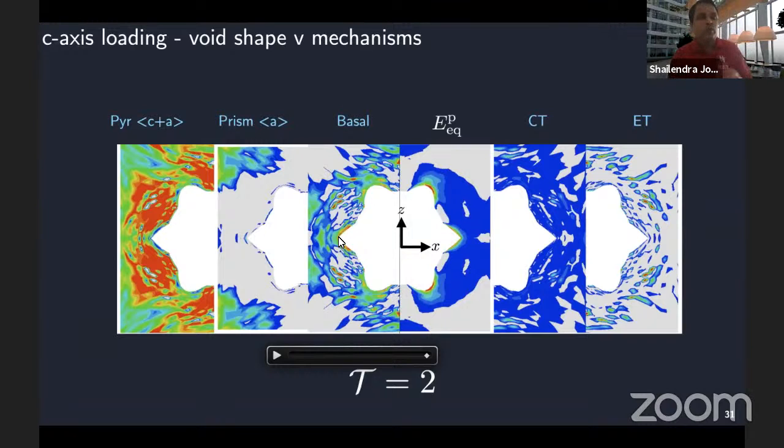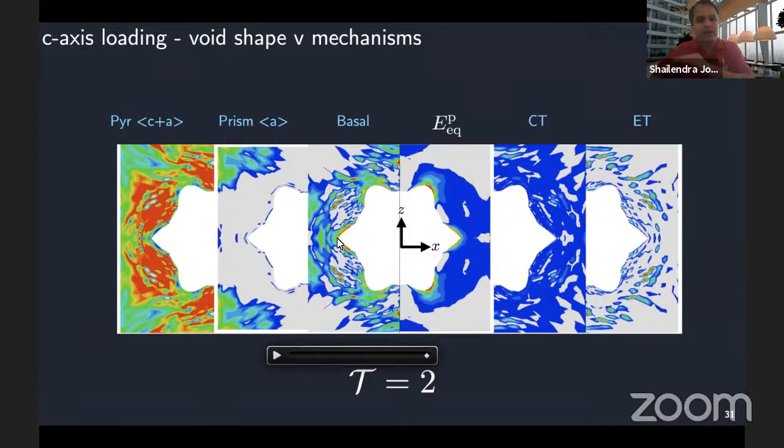One way of thinking about this is to say that the void is going to grow further and cause intervoid ligament necking. But what I think is potentially likely to happen is that the sharpening of these voids might give rise to cracking, and remember that there are twin boundaries at this sharpening region.